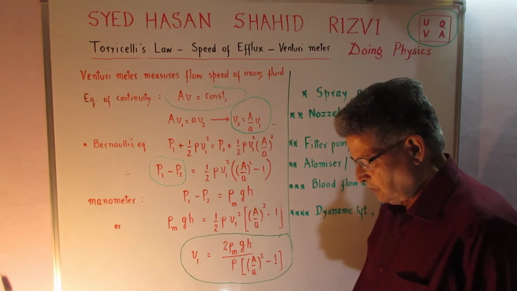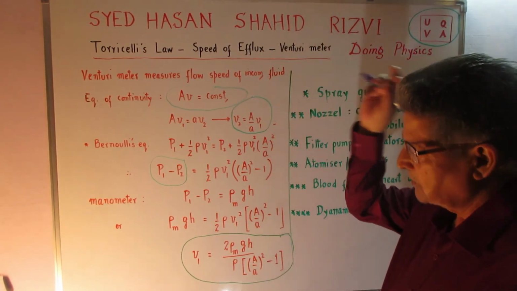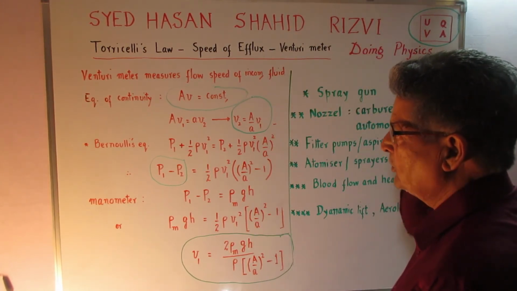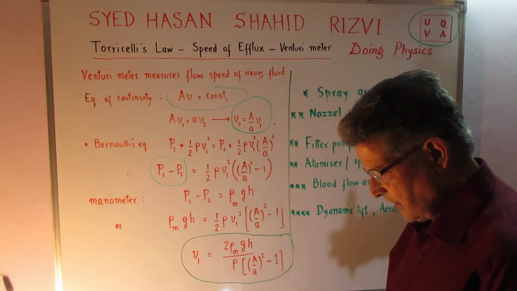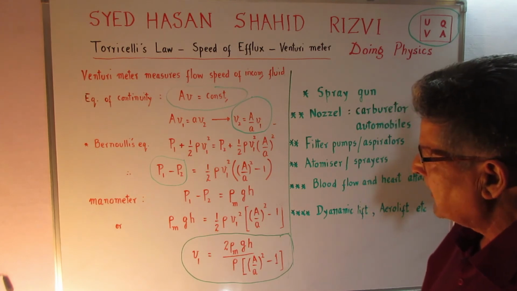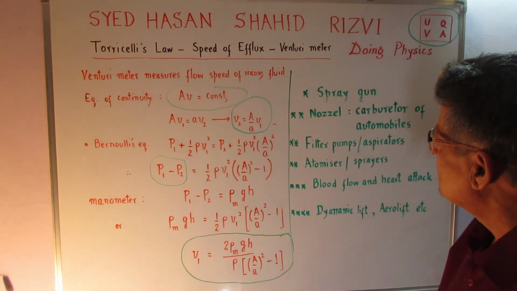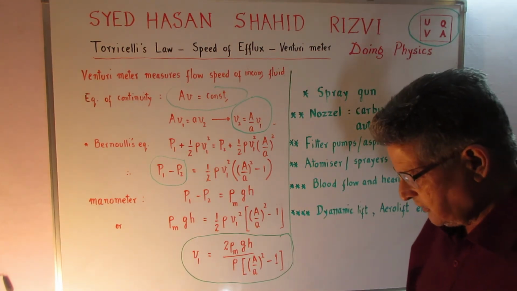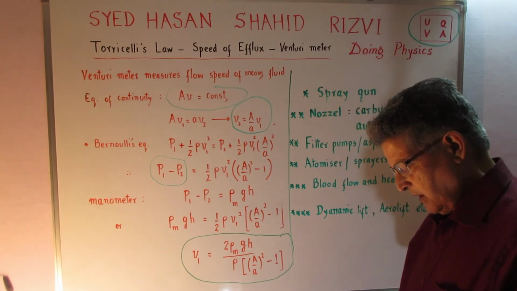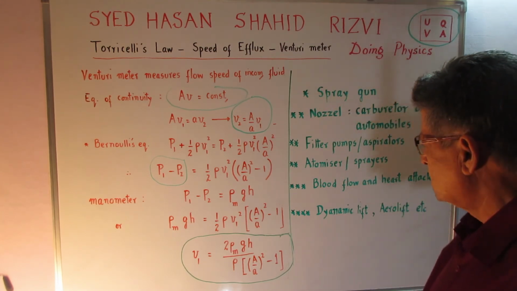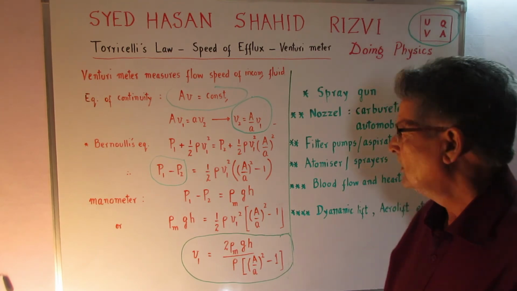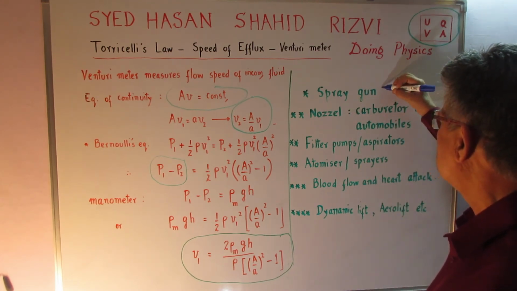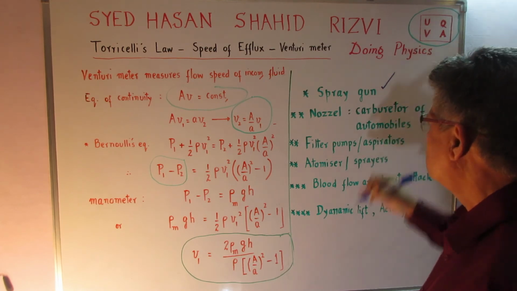So, as I told you, these principles that we have used in the Venturi meter, Torricelli's law, and Bernoulli's principle, are used normally in things I am not going to take up, but instead ask you to read all by yourself carefully, for example, in the spray gun.